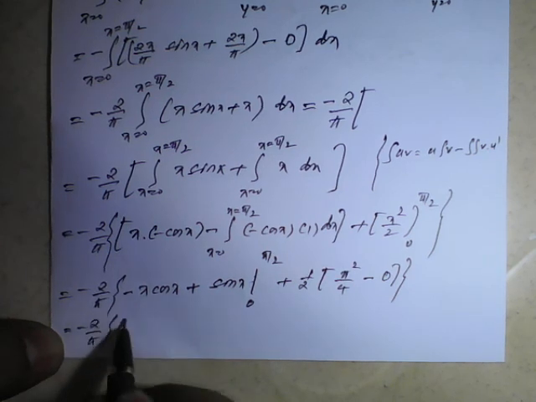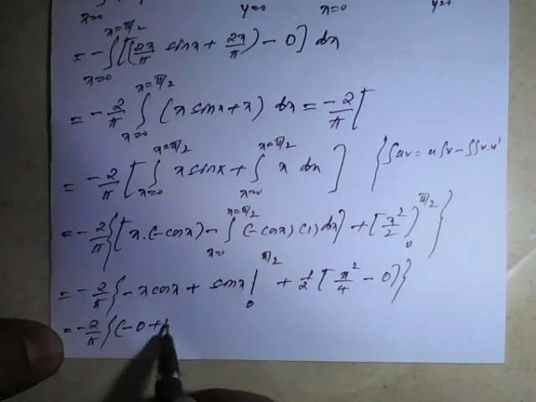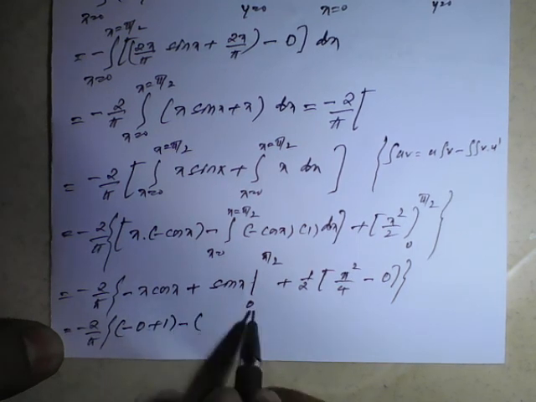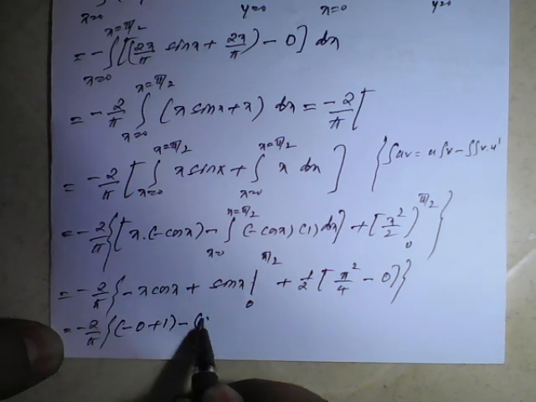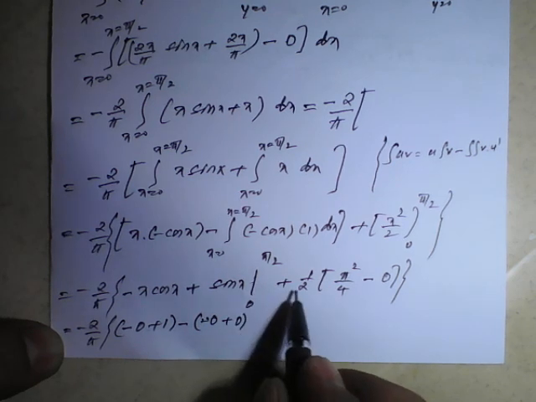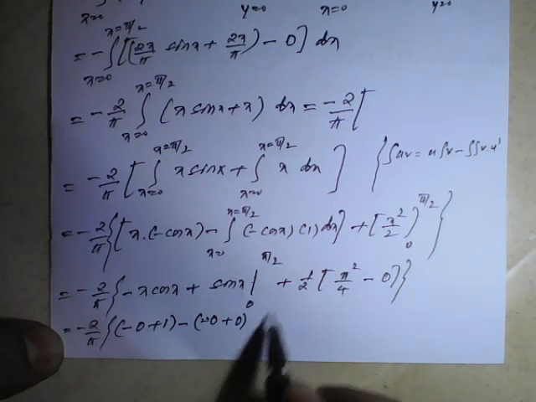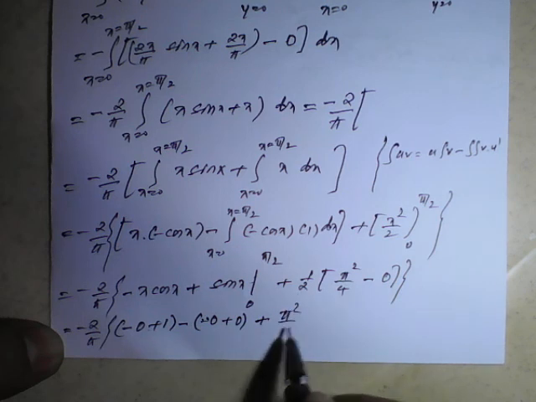So upper limit here is minus 0 plus sin pi by 2, which is 1, minus the lower limit you apply. So cos 0 is 1, but x is 0, so 0 into 1 is again 0, plus sin 0 is 0. So this is plus, if you open it, it will become pi square by 8.